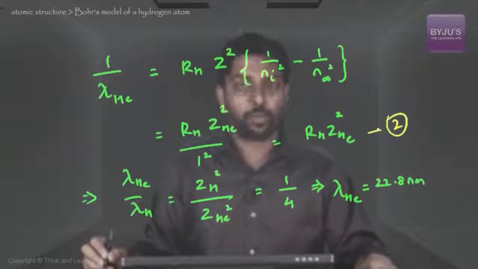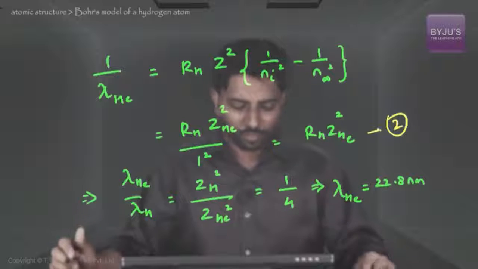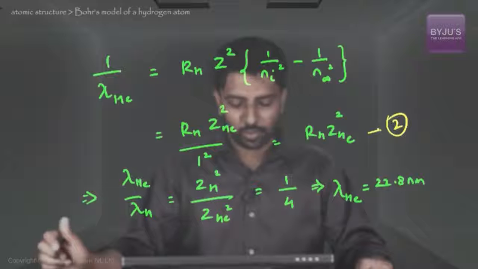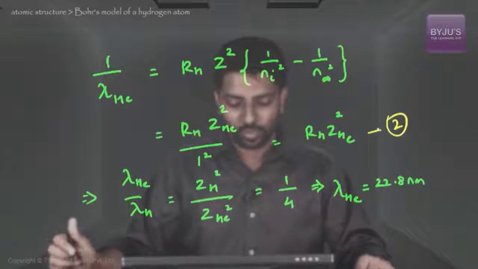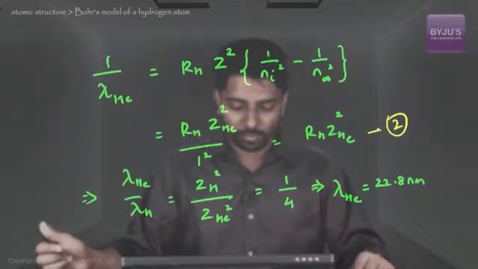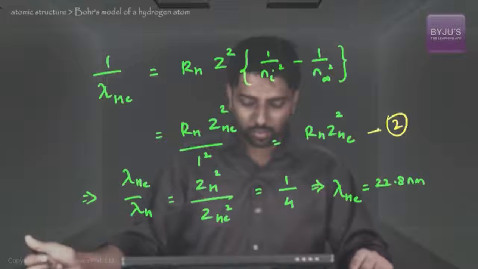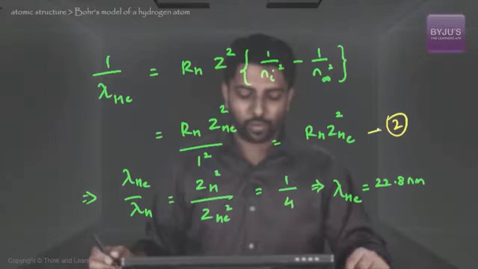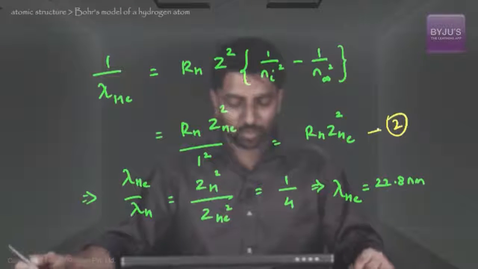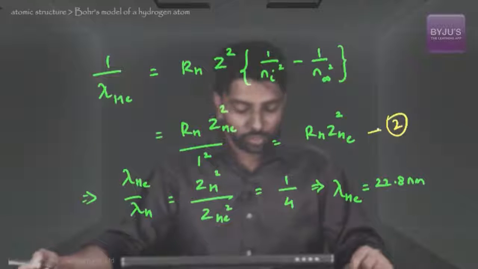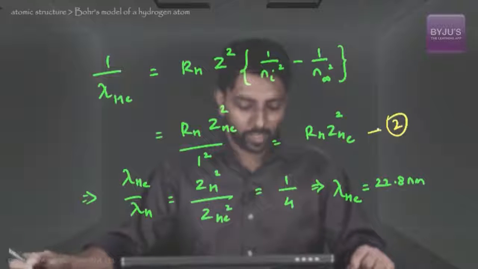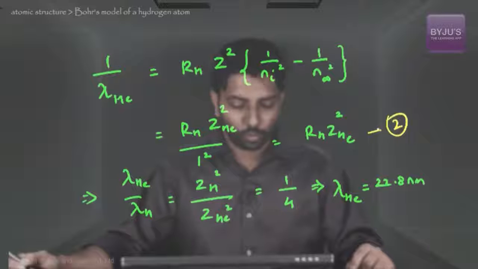Now lambda He by lambda H will be equal to Z H squared by Z He squared. So it's going to be 1 by 4th of this thing. The atomic number of hydrogen is 1, the atomic number of helium is 2, so lambda He by lambda H is equal to 1 by 4.